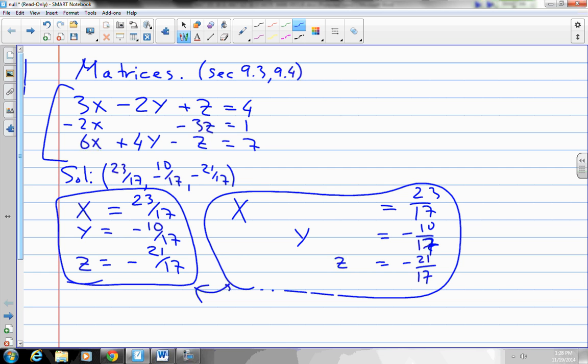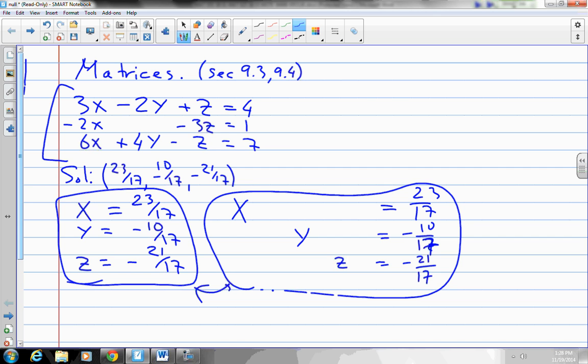If we agree that we're going to write our variables in the order x, y, and z, then even writing those variables is redundant. All I really need are the coefficients. And that's what a matrix is.